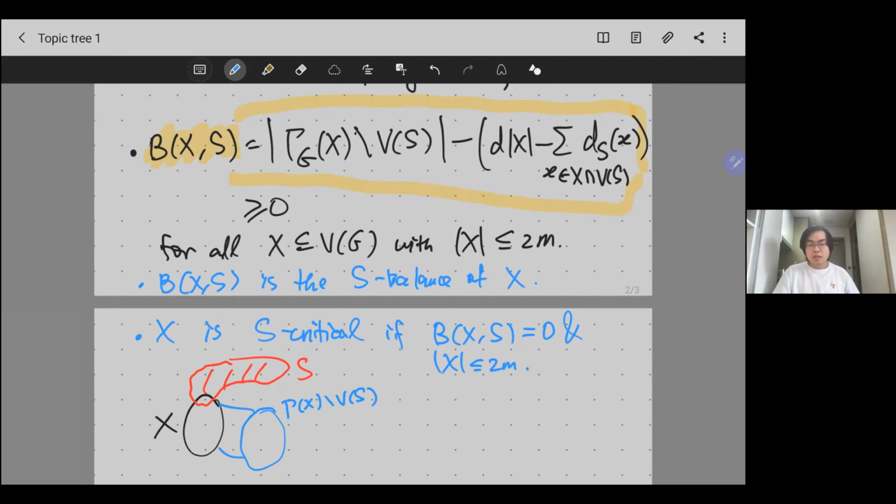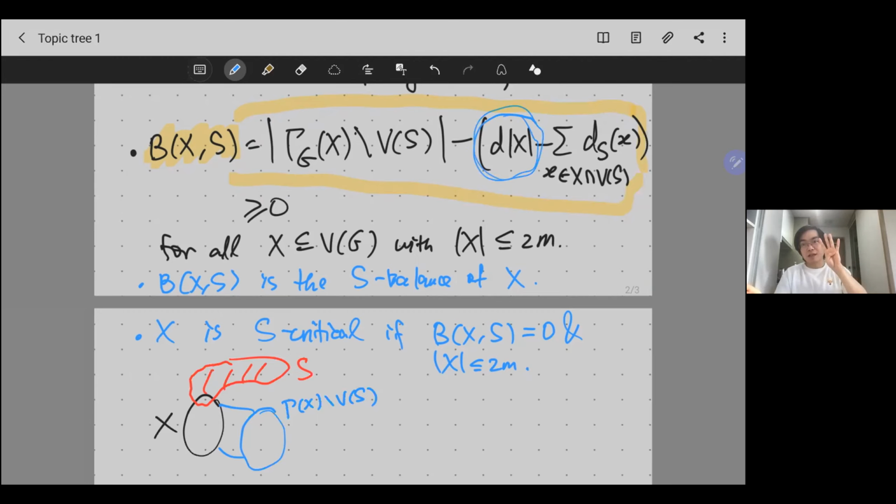Then the second term here kind of explains the responsibility that we have for X. What it means is that if the whole X is in S, in the partial embedding, then since the tree has maximum degree D, it could be that all the vertices in X are responsible for D connections, for D edges incident to it. So we need to have this much neighbors attached to X, right?